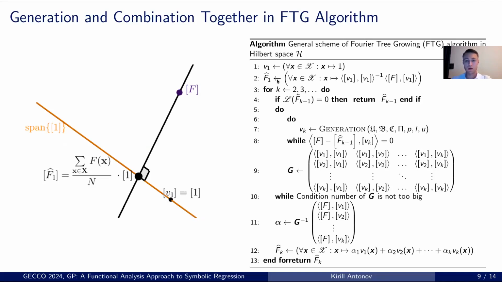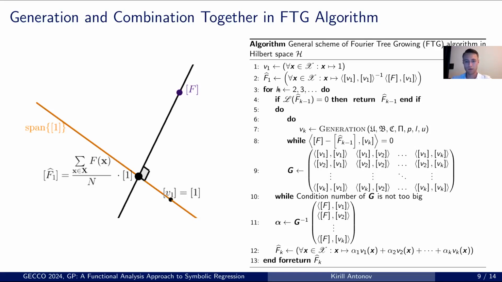So now our goal is to produce function f1 that belongs to this line and is located as close as possible to the target function f. This is given by solving the equation from the last slide, and the coefficient alpha for this function is this. And so this point is closest on the span of the initially generated function v.